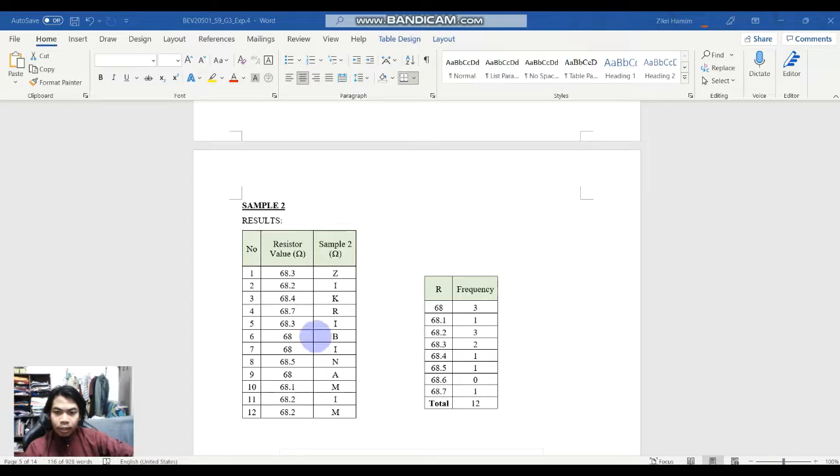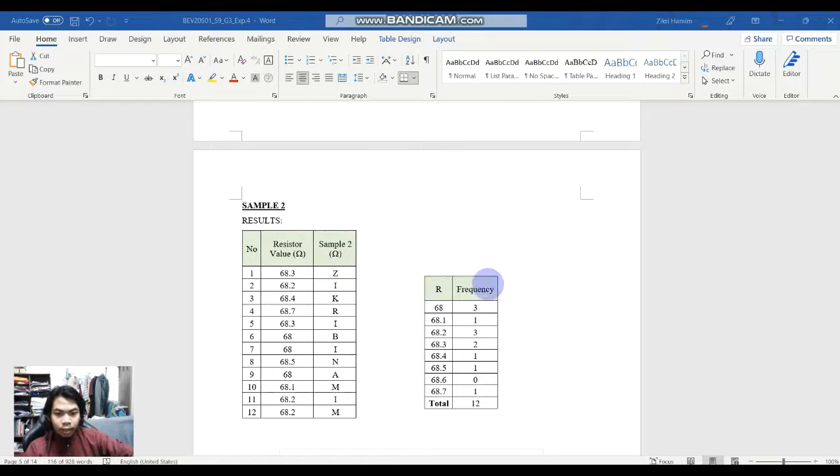The alphabet that we choose is Z, I, K, R, I, D, I, N, A, M, I, and lastly is the M alphabets. So each of these alphabet have its own resistor value. So this resistor value we will use in the graph later.